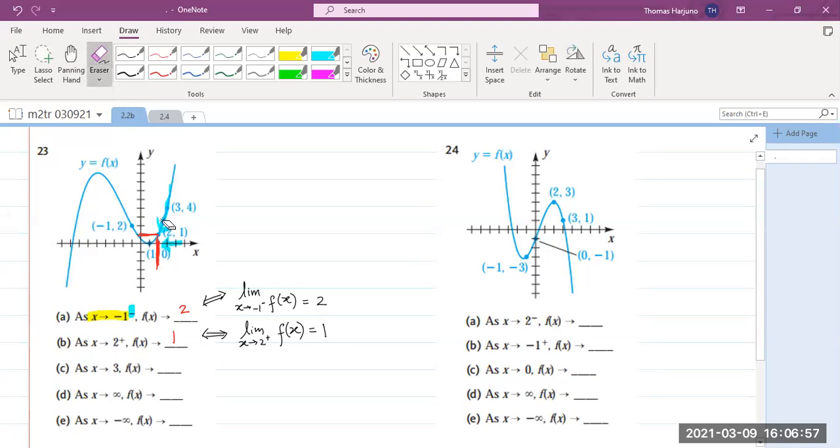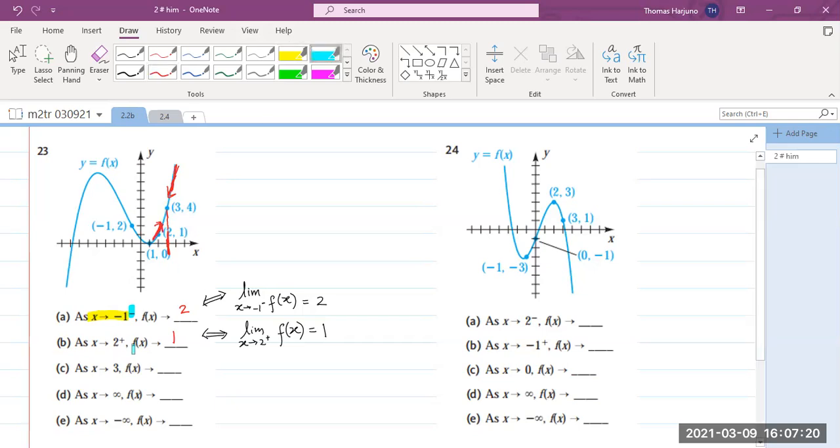How about part C? As x approaching 3. So x equals to 3 is here, right? Now when you approach 3, what is the value of the function approaching? You approach from left, approach from right.